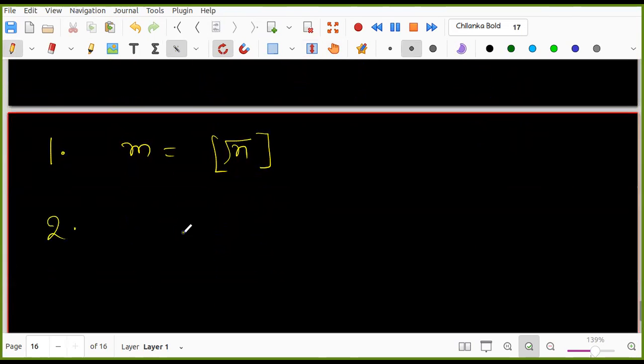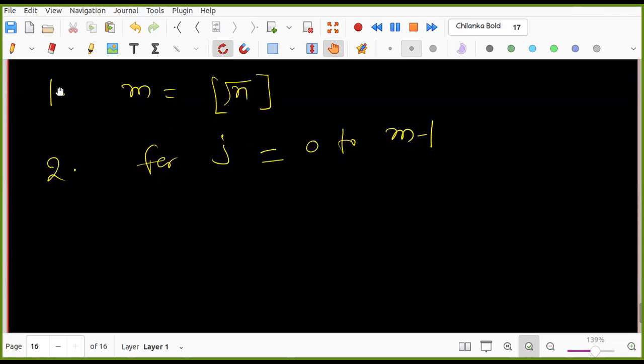So the second step is that for j equal to 0 to m minus 1, compute alpha power mj.